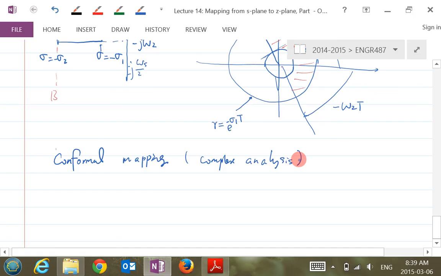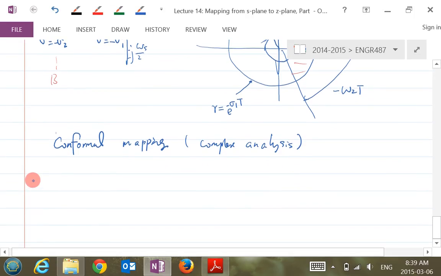Now let's look at two more, which are probably the most difficult types of mapping. We're at number 4. Let's look at the mapping of constant damping ratio loci. What's a constant damping ratio locus?